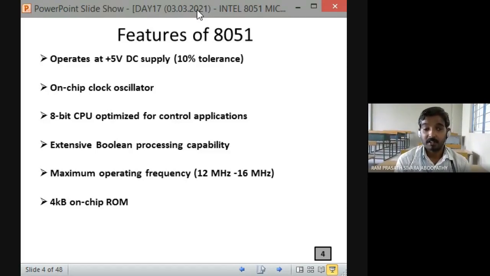Yes, very good. For storing the data, the data to be processed, we need RAM memory. Here we have a limited size only, 128 bytes, but it is sufficient memory for a control application.